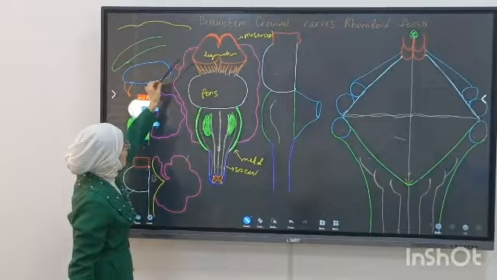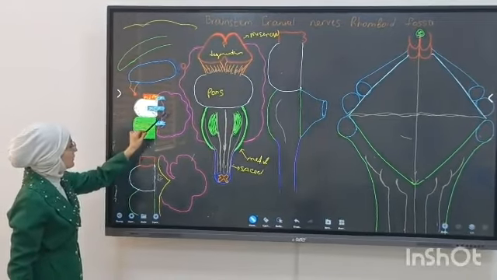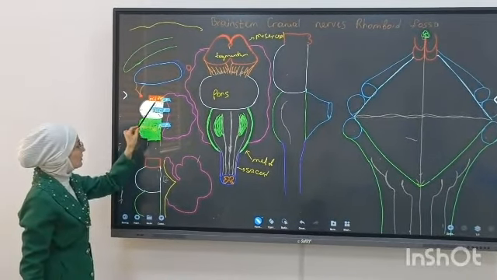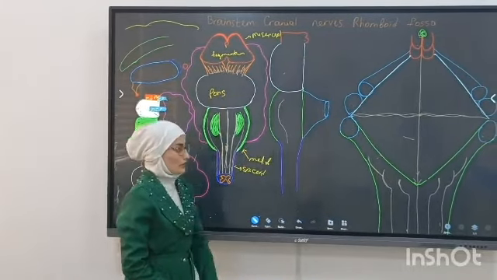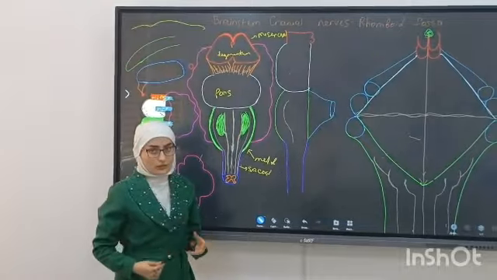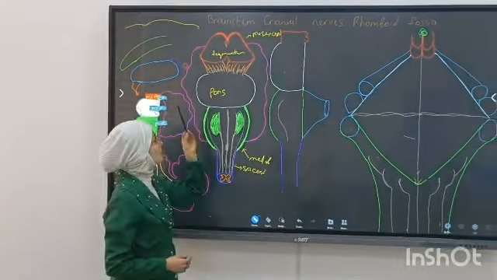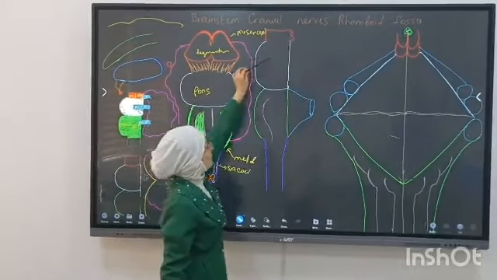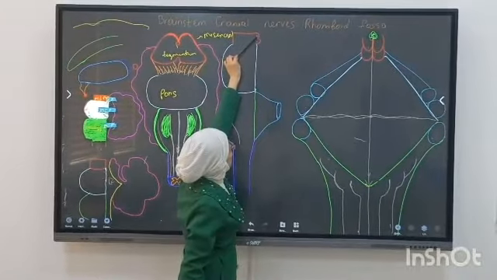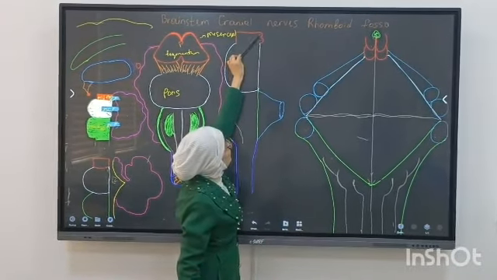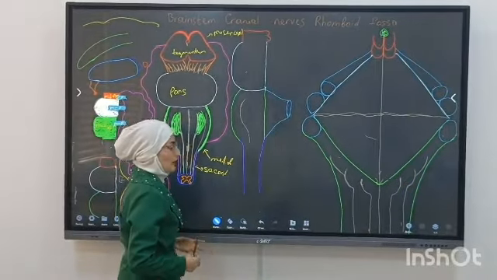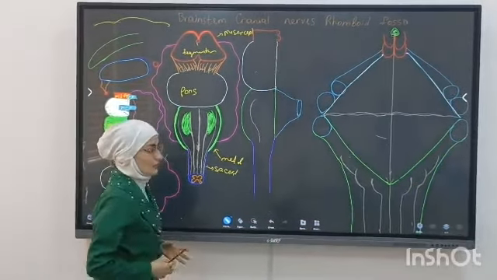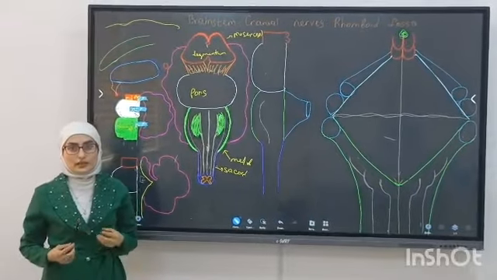The mesencephalon is connected with the cerebellum through the superior cerebellar peduncle. On the dorsal surface of the midbrain, we can see 4 colliculi, 2 superior colliculi and 2 inferior colliculi. They are reflex centers involving hearing and vision.